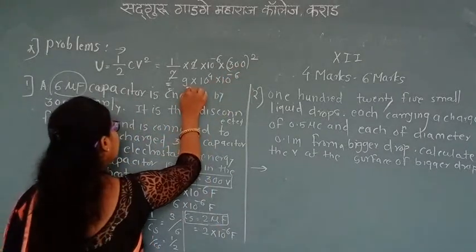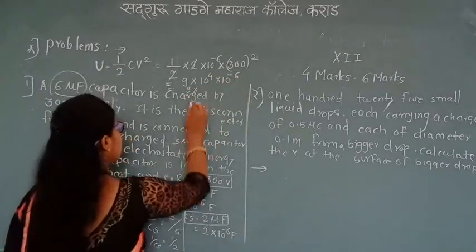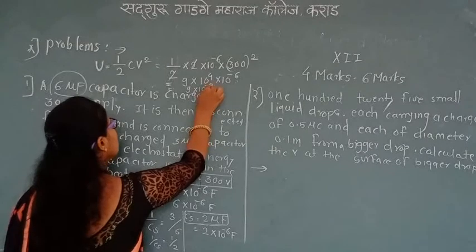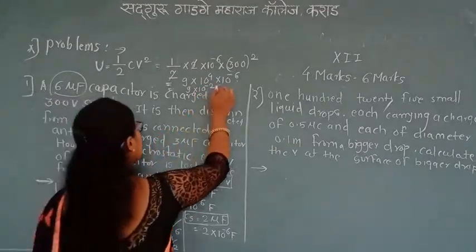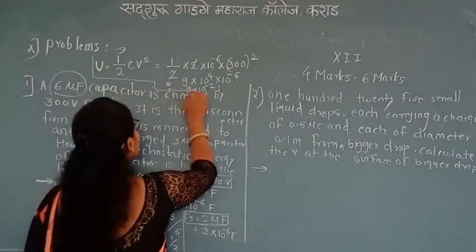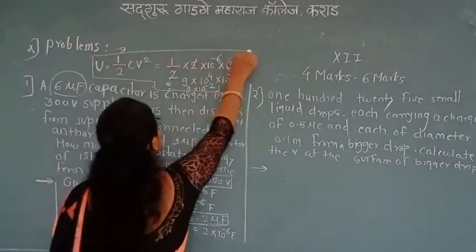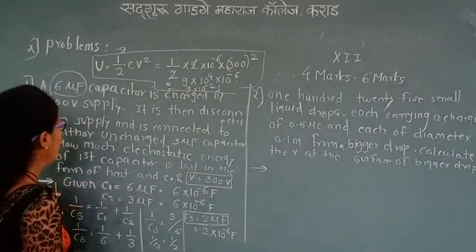That gives 9 into 10 raised to 4 and 10 raised to minus 6. We get 10 raised to minus 2. The unit of electrostatic energy is joule. We get the answer: electrostatic energy U is equal to 9 into 10 raised to minus 2 joule.